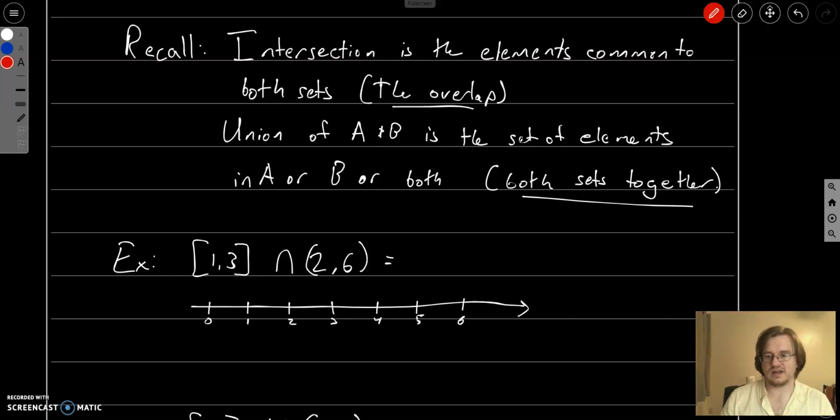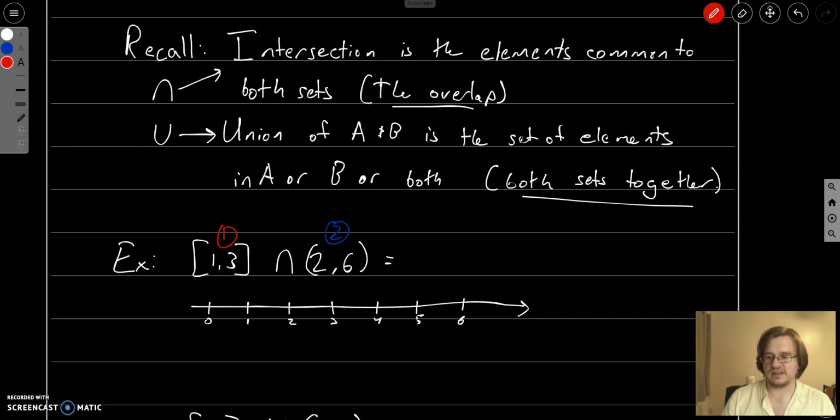So here, this is the intersection symbol. So intersection is this upside down U shape, and then the union is this U shape, although it's not quite a U. So here we have the intersection of two intervals. I'm going to put the first interval in red and the second interval in blue. I hope this shows up.